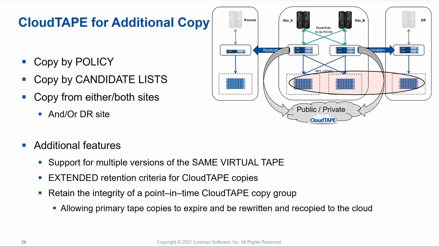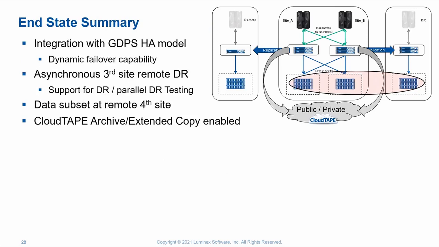When you roll in the consideration that cloud is an air-gapped copy and a potential immutable air-gapped copy, this then further extends the data protection options for our customers. And we are seeing customers explore this now. Now that does bring me to the end of the use case we've got. So basically it's the integration with the GDPS HA model.